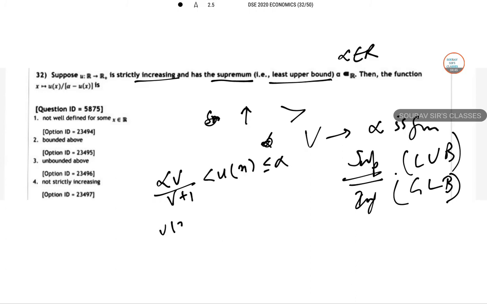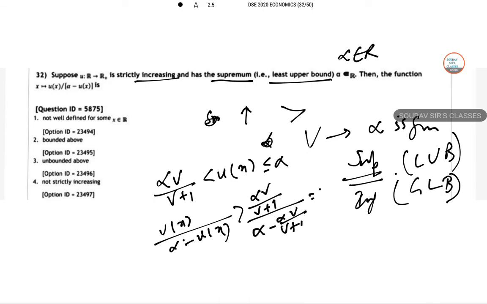So obviously U of x is bounded by alpha. So this is equal to V. Obviously, the function is bounded above, and option C is correct.